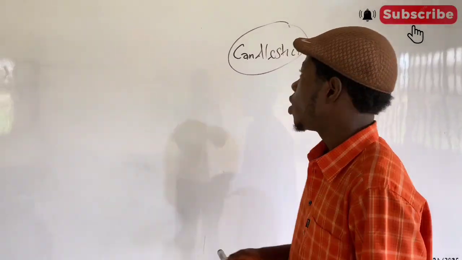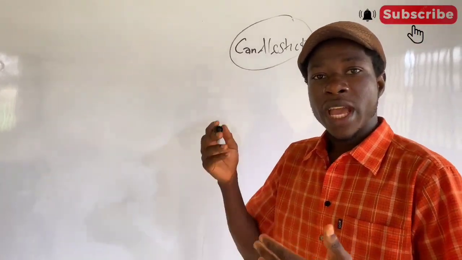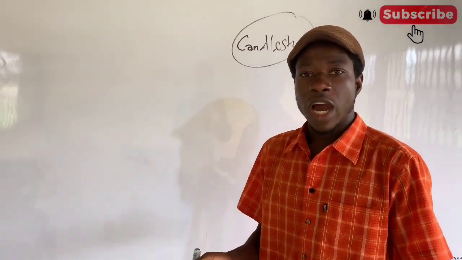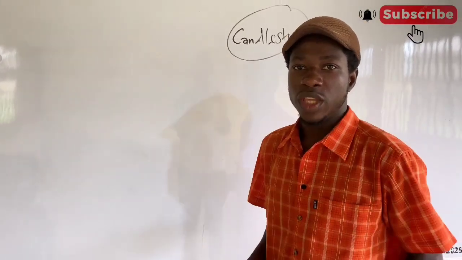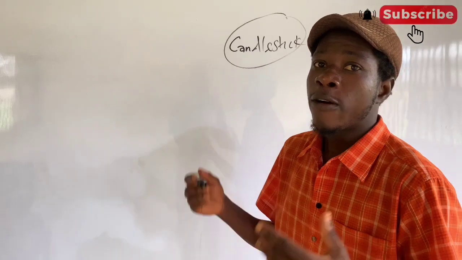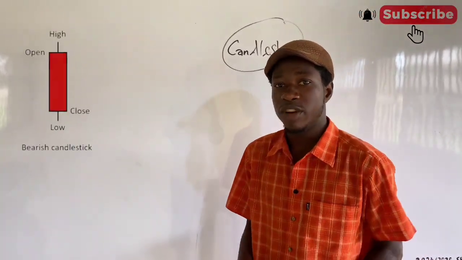What candlesticks help us do is to understand each candle and what market participants are doing through these candles. For the candlesticks, we have the bullish candlestick and we also have the bearish candlestick.